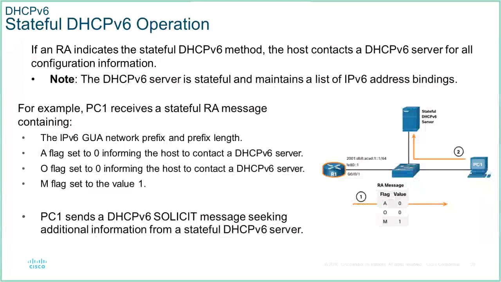Again, if the DHCP server is in stateful mode, it maintains a list of all bindings of the addresses being used, and the PC uses the solicit message to seek additional information from the server rather than the router.